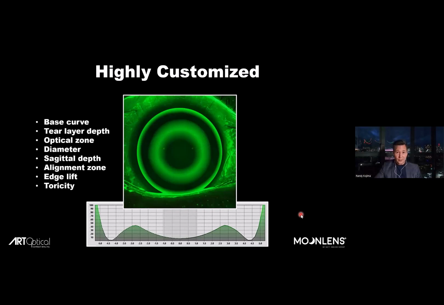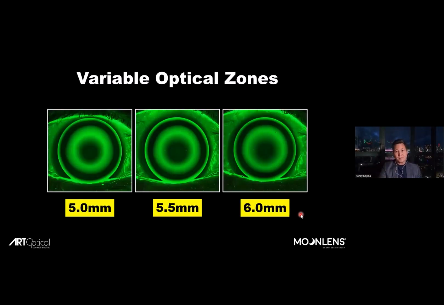It was designed to create higher RX changes. So this lens has just been customized to the nth degree, and the software platform helps to do all that customization. So you don't have to be involved in calculating out base curve, reverse curve, alignment curve, edge lift, toricity, all these things, optic zone.